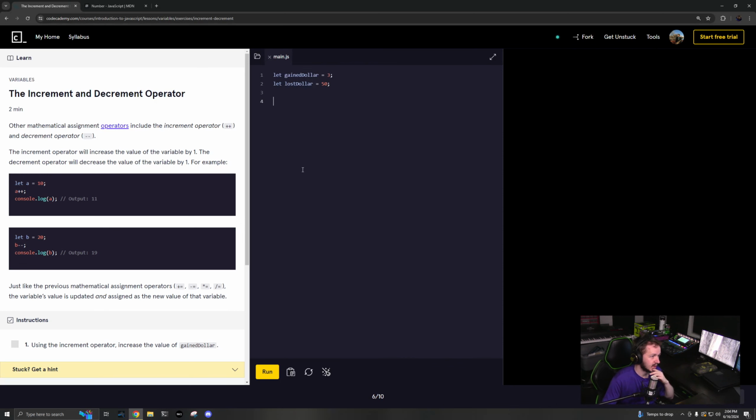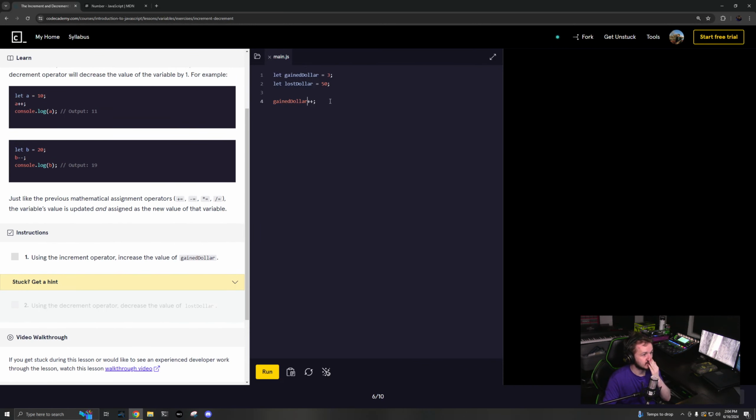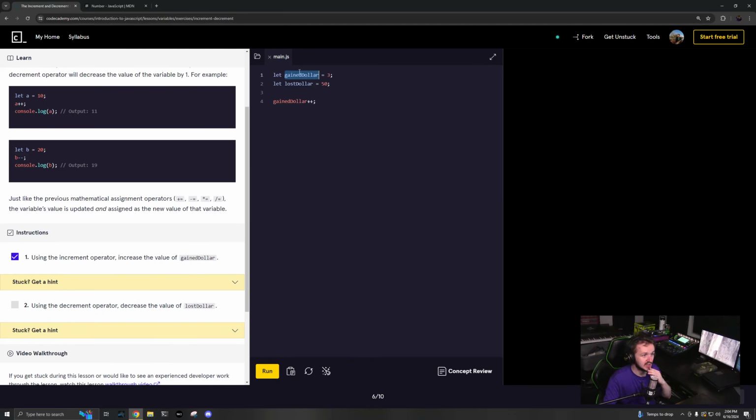Increment and decrement operator. I explained this earlier. If you want to increase gain dollar by 1, you do plus plus. The spaces don't matter in this context, I'm pretty sure. So there you go, plus plus. And now gain dollar after this point will be 4.